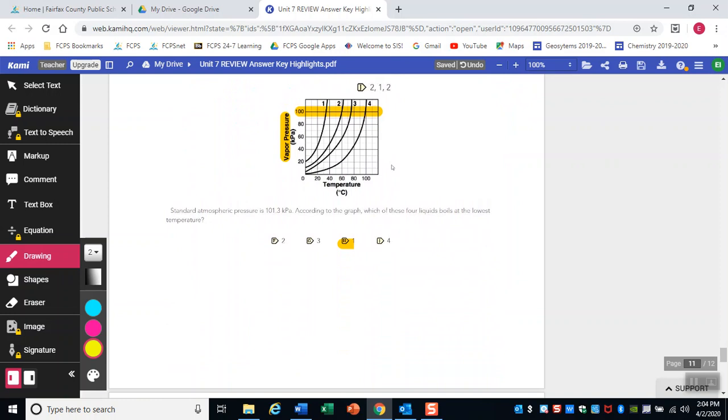All right, here we have standard atmospheric pressure. It's 101.3 kilopascals. According to the graph, which of these 4 liquids boils at the lowest temperature? So 100 is boiling, right? 0 is freezing.